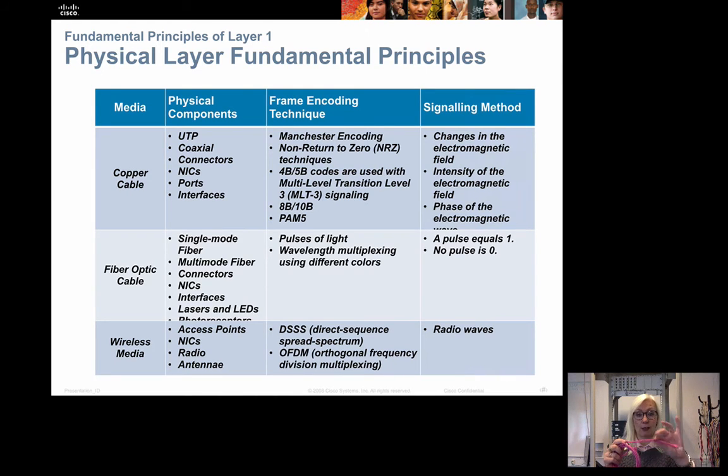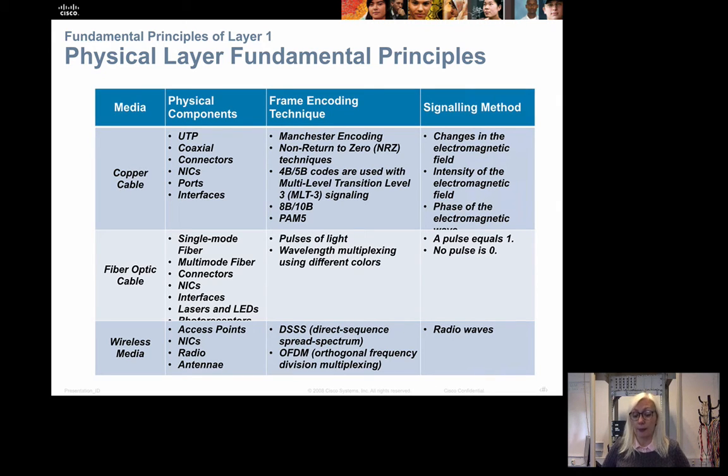We don't have a clock signal always saying ding, ding, ding, now you can send. So here we just have a bit pattern saying, okay, now there is a packet coming. And then we know that we should start listening. And then in the end it says, now we are ending. And that's typically what we are doing in asynchronous communication.